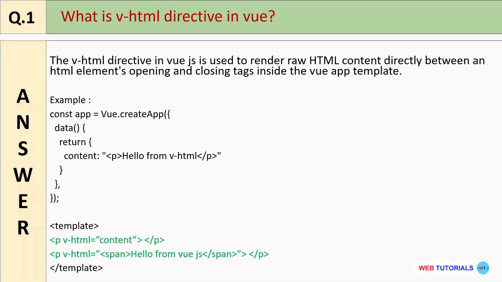In the example code, you can see a Vue data property called content that holds an HTML string is passed into the v-html directive inside the Vue template section. Also, you can pass an HTML string directly into the v-html directive.